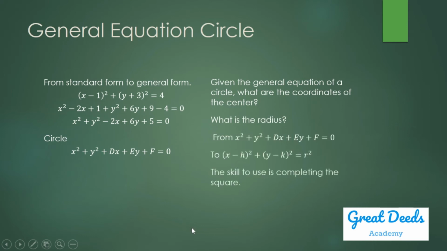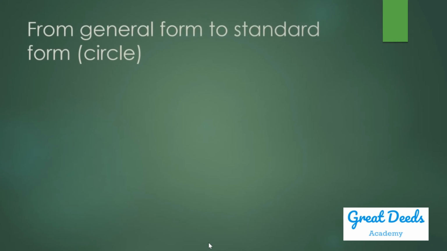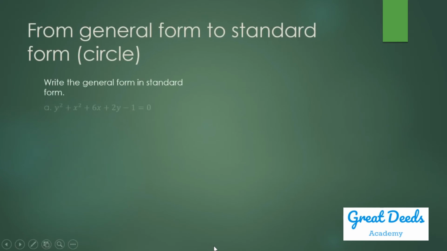And the skill that we will use to do this is completing the square. Let us write this in standard form. We write the terms so that the related terms are beside each other. Again, you divide the coefficient of y by 2, you raise it to 2, and then you add it.